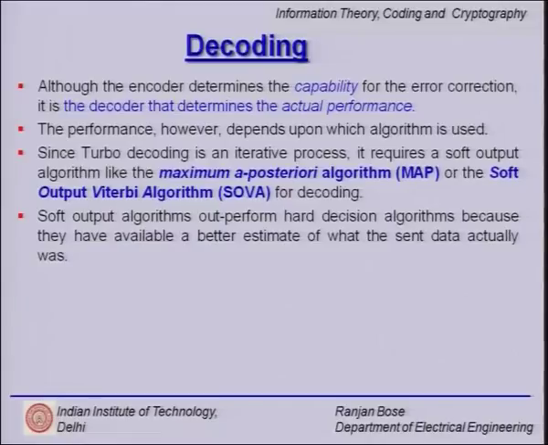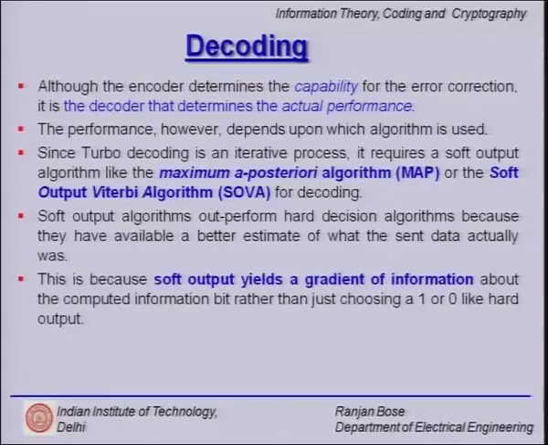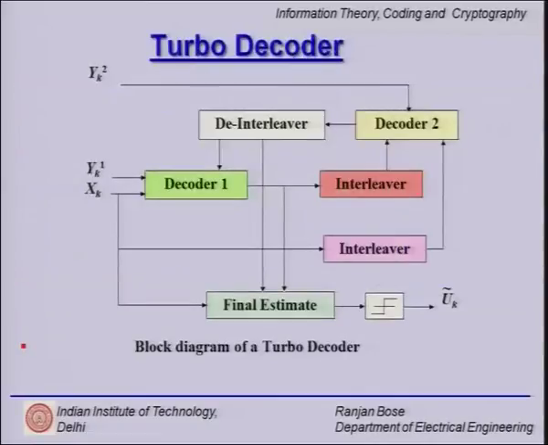So, soft output algorithms outperform hard decision decoding algorithms, because they have available a better estimate of what the data sent was actually. And soft output yields a gradient of information, as opposed to hard decision decoding, which is like choosing 1 or 0 right in the beginning, leading to the loss of information.